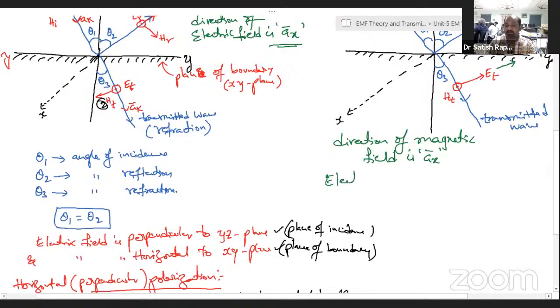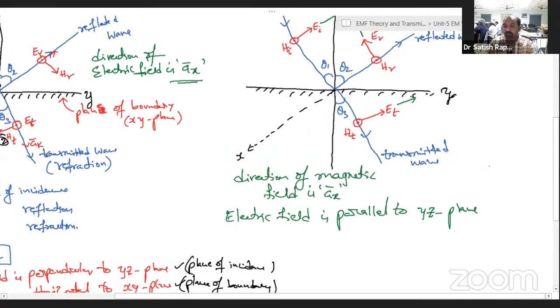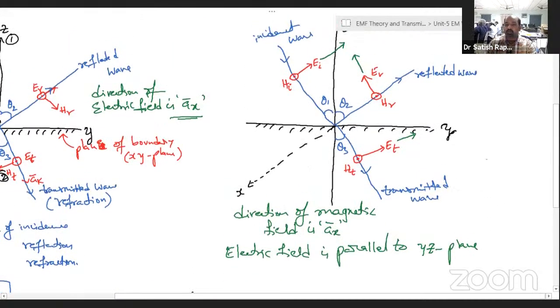So electric field is parallel to YZ plane.